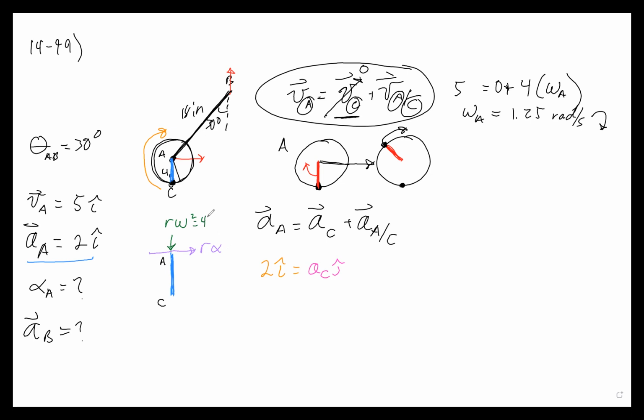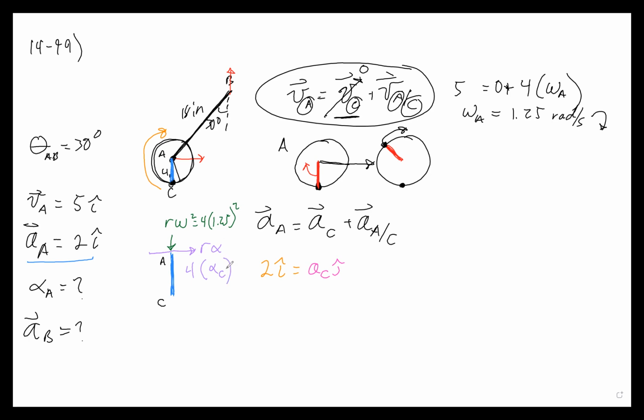What is the omega c value? Well, it's actually still technically the same as omega a. We do know that omega a is 1.25, but this is a squared term. The lever arm for the tangential acceleration term is going to be 4, times alpha c.